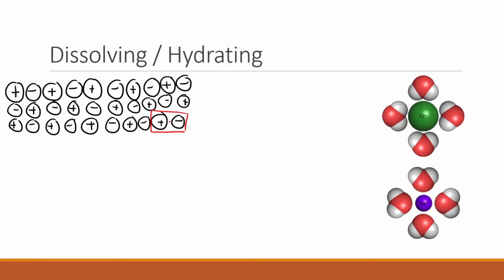They have an attraction. We're going to color it here in red. The positive and negative are attracted to each other. But also, the water has a slight charge with its polarity that attracts it to those ions as well.